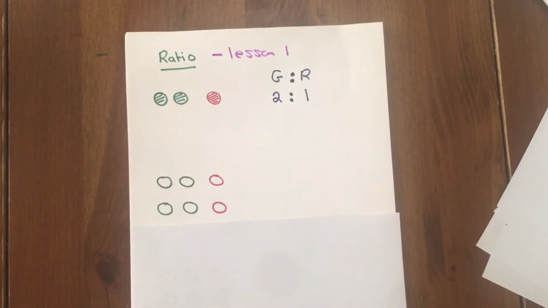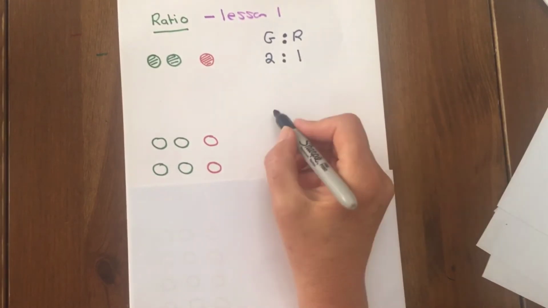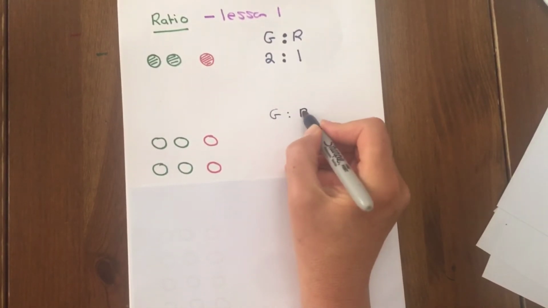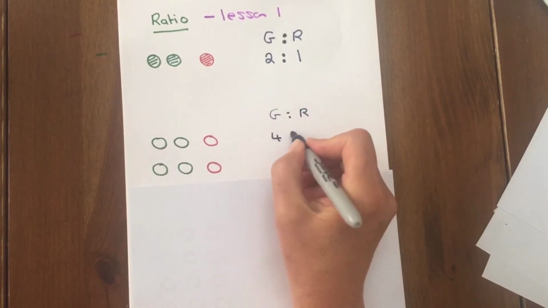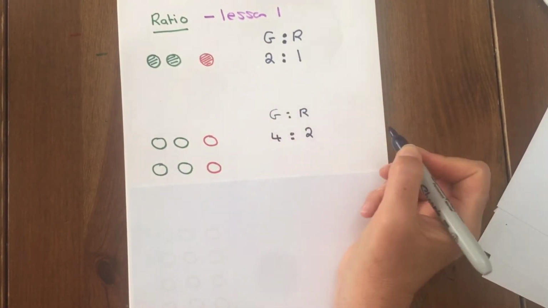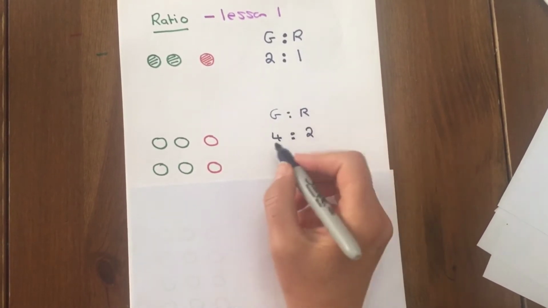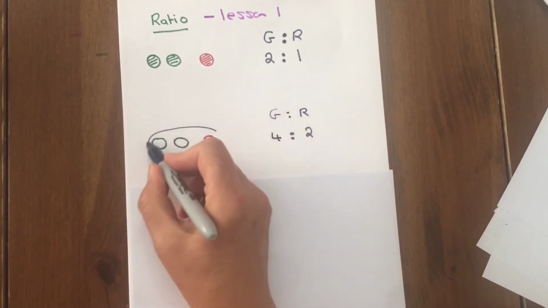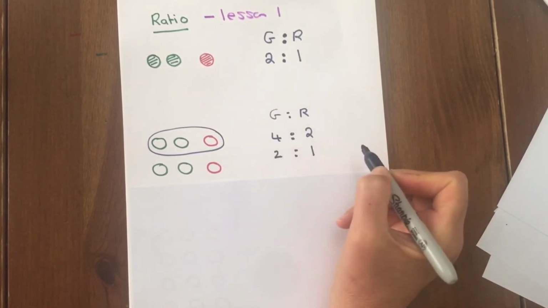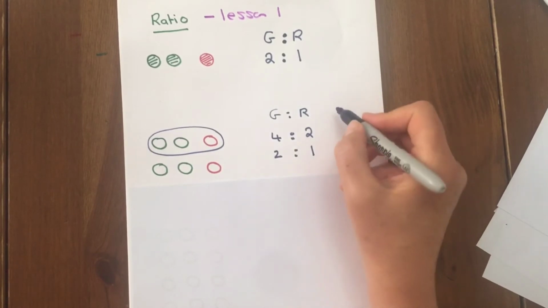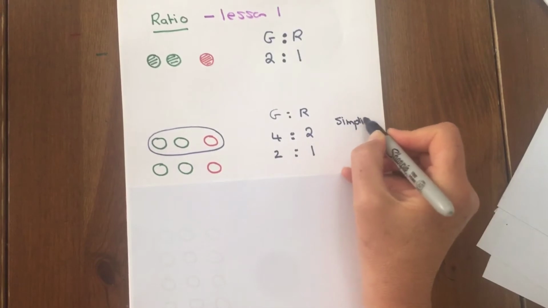Now, if you had this scenario of green to red counters, you can see you've got 4 green to 2 red. But that is exactly the same as saying that every 2 green counters has 1 red counter. So what I've done is I've simplified the ratio.